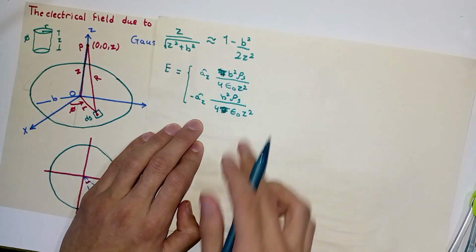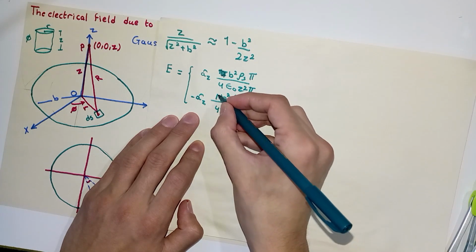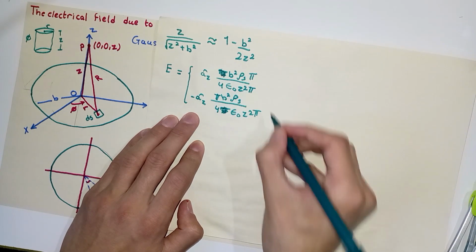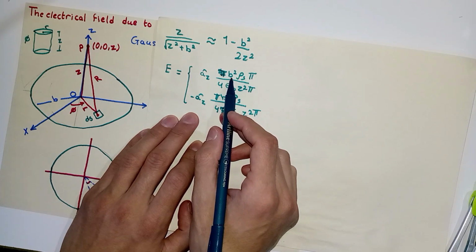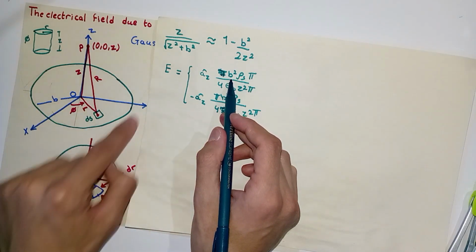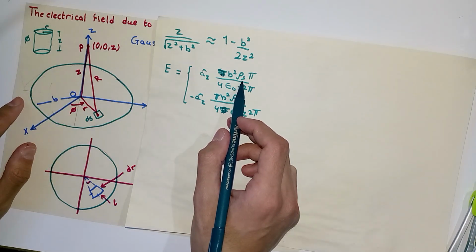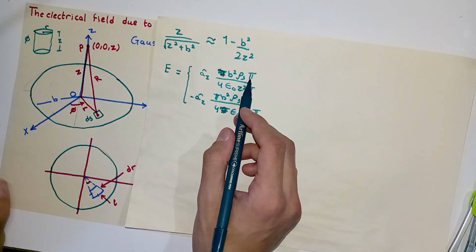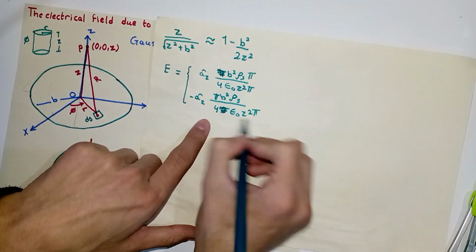Now we can add pi to the numerator and the denominator. As you notice, in this term, b squared times pi is equal to the area of this disk, and the area of this disk times the charge density is equal to the total charge on this disk. And the same for this term.